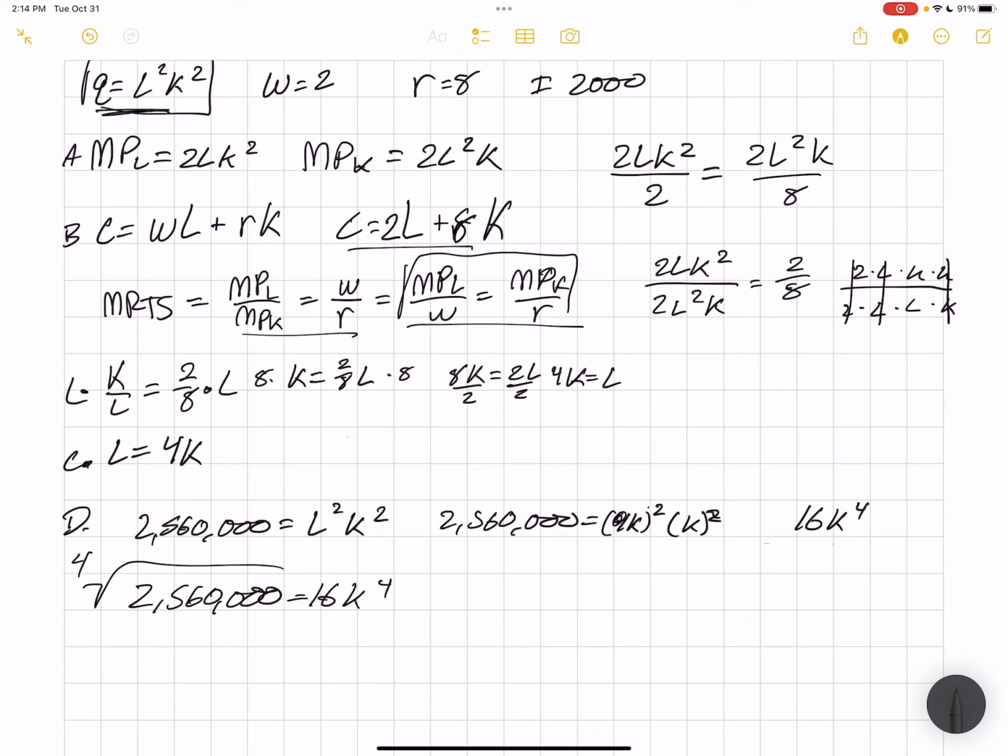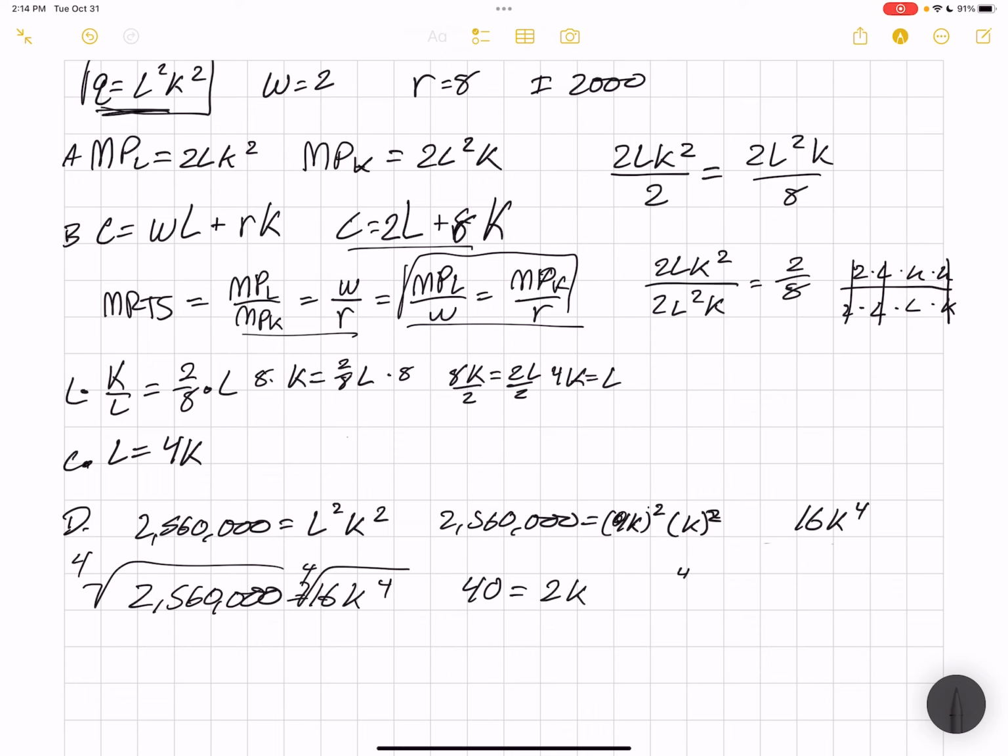So now we can take the 4th root of both of these things. The 4th root of 2,560,000 is 40. And the 4th root of 16K to the 4th is 2K.